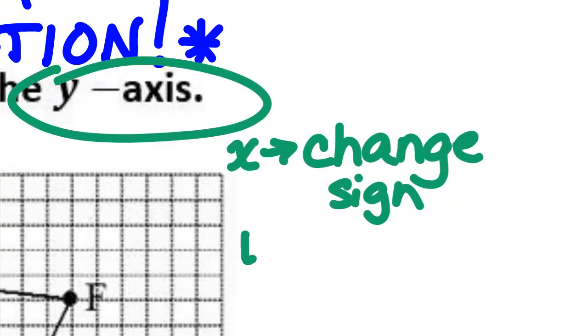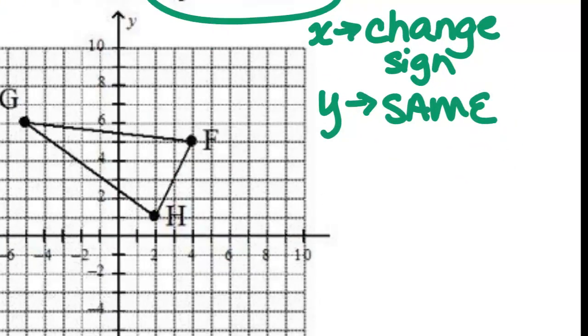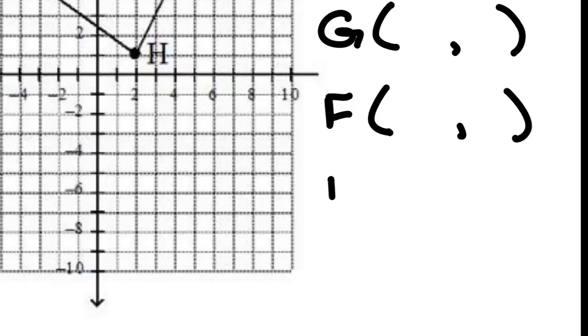But the y's are all going to stay the same. So we have points G, F, and H. And I realized that I forgot a little line down here for G prime, so we're going to add a line for G prime.